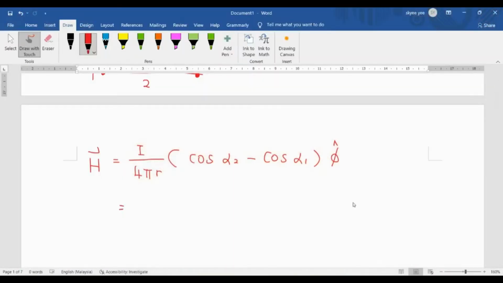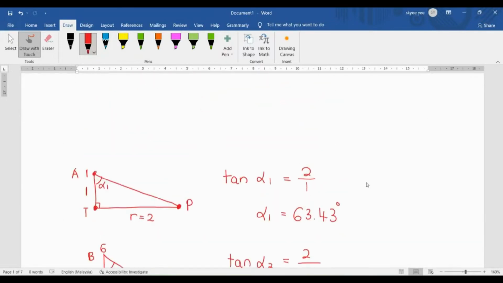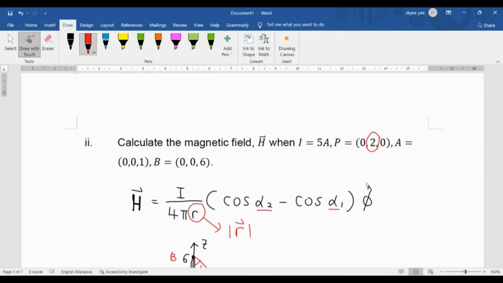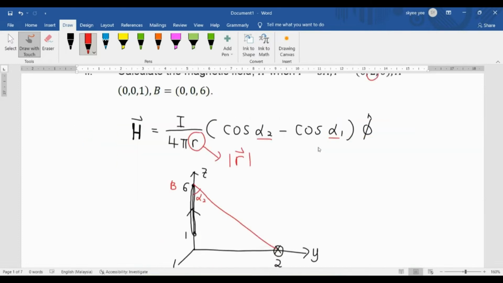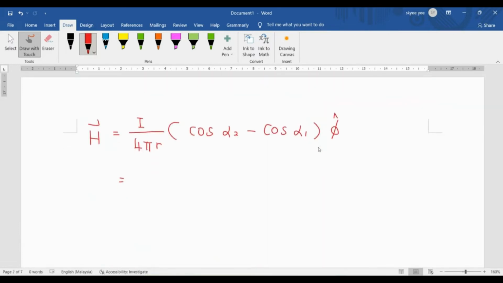The magnitude of the current has been given, which is 5 amperes. Divide by 4 pi. The magnitude of R is equal to 2.